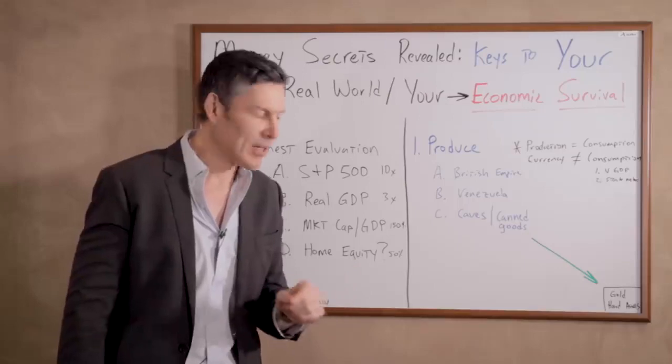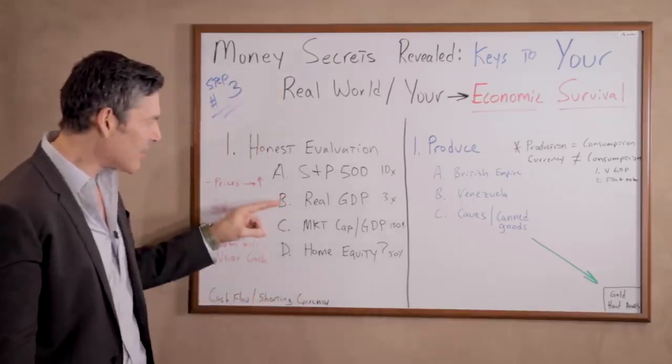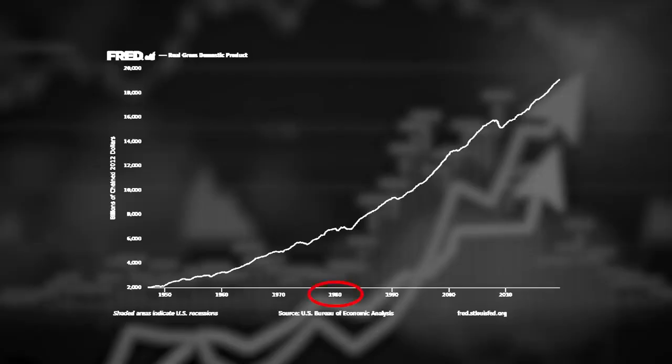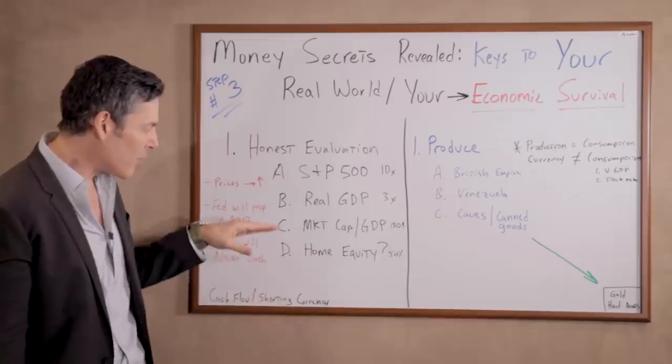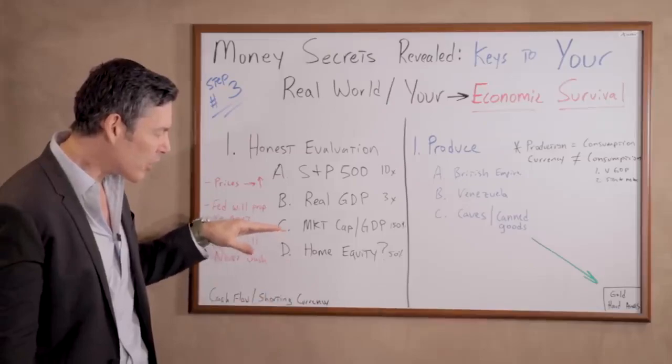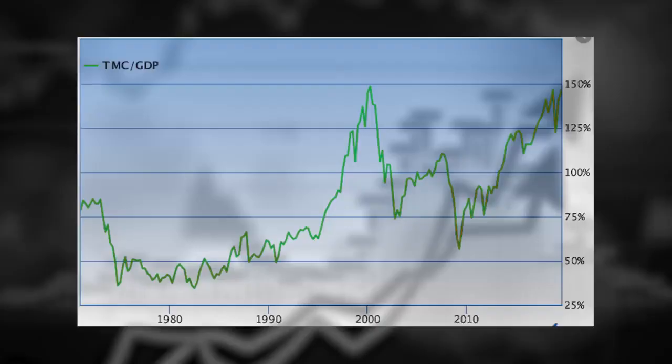Why is that a big deal? Because in that same time frame, real GDP has only gone up 3 times. That's reflected very well when you look at the market cap to GDP, which is at 150%, an all-time high.